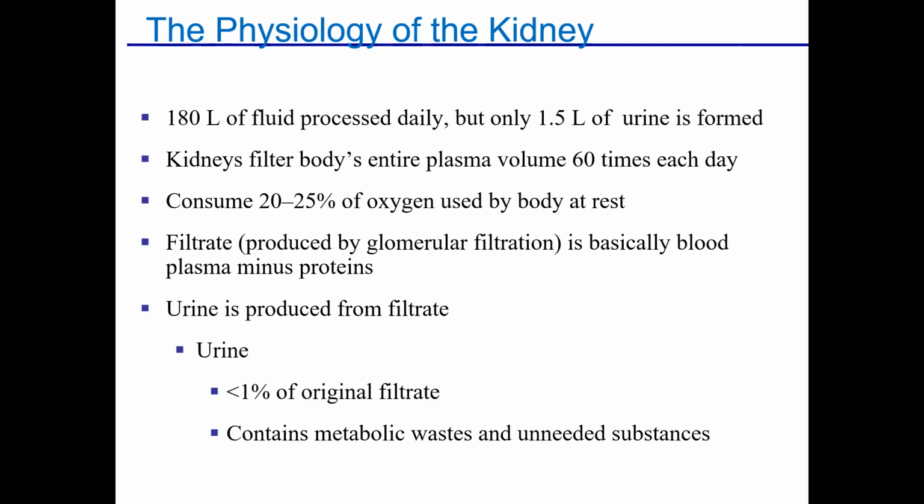The amount of urine that we actually produce is less than 1% of our original filtrate. So it is a very, very small amount of what we filtered out ends up here. So to get 1.5 liters out of 180 liters, you can see where we get to less than 1%.